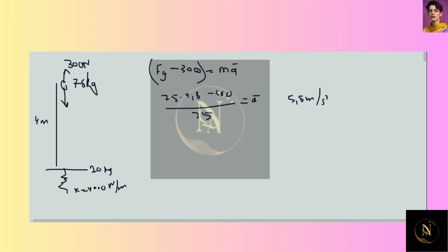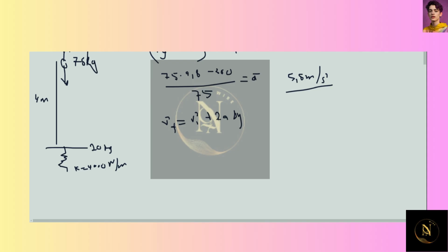Once you have that, now we want to find the velocity once they hit the bottom. We don't have anything in terms of time here, so we want to use kinematic equations that don't involve time. The best one to use is v final squared equals v initial squared plus 2a times the change in distance, which here is y.